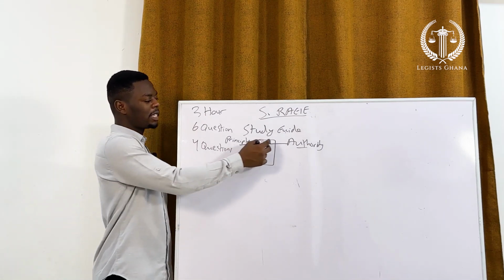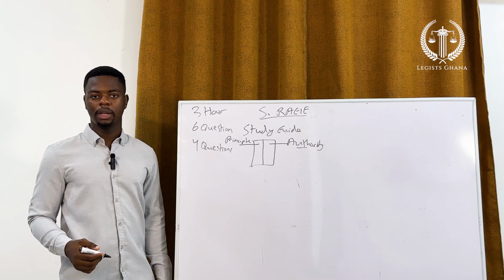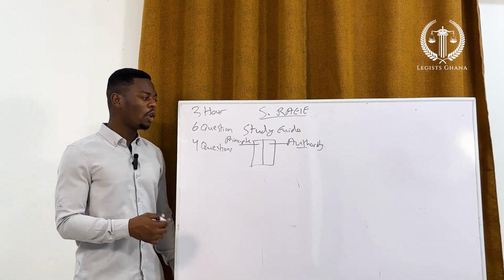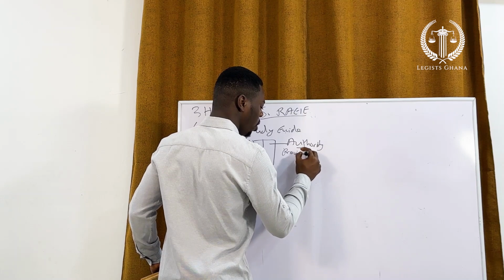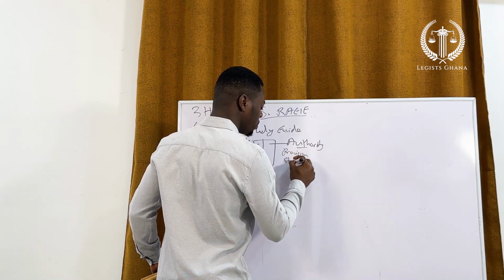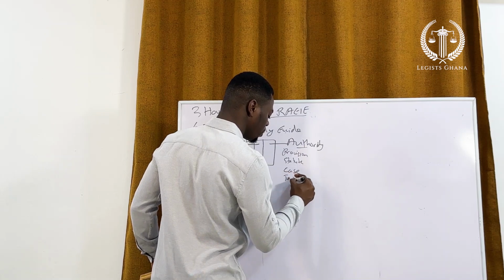For every legal statement that you make, you most of the time would require an authority, that is a legal backing. So the authority can come in the form of a constitutional provision or a statute or a case or even a textbook.